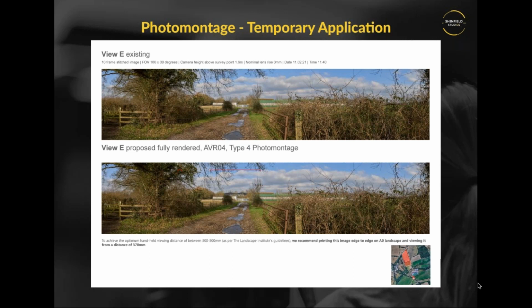When you compare the two, almost directly above the track, you can just see the top of the stage building in a sort of darker colour. But what you do see is that it is situated comfortably within the landscape and below the tree level surrounding that site. If you click to the next slide, please, Paul.